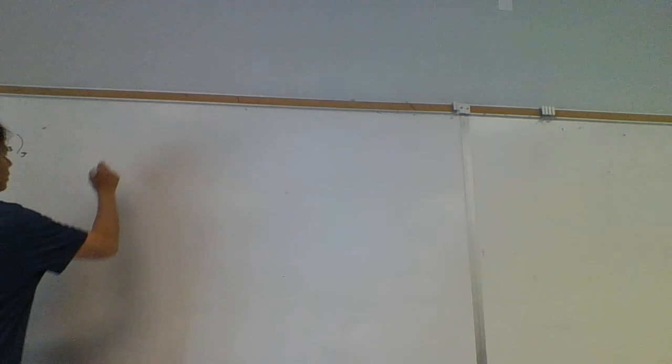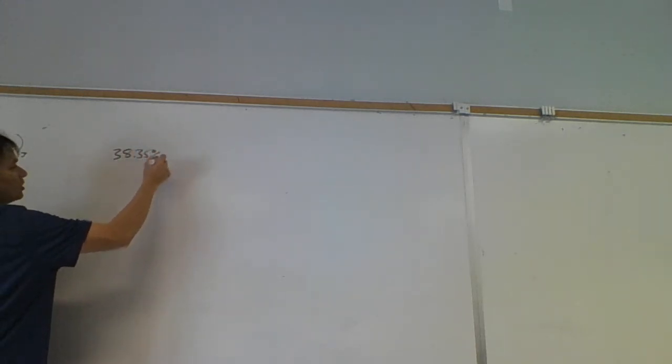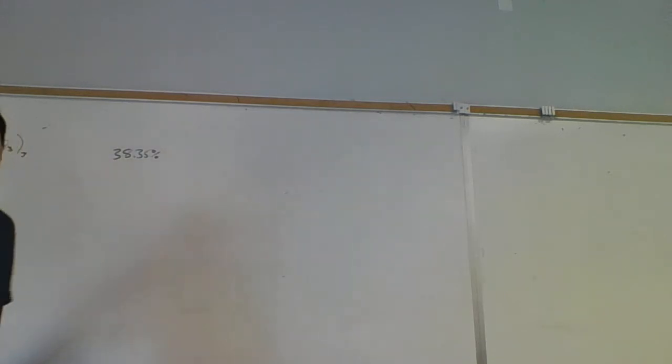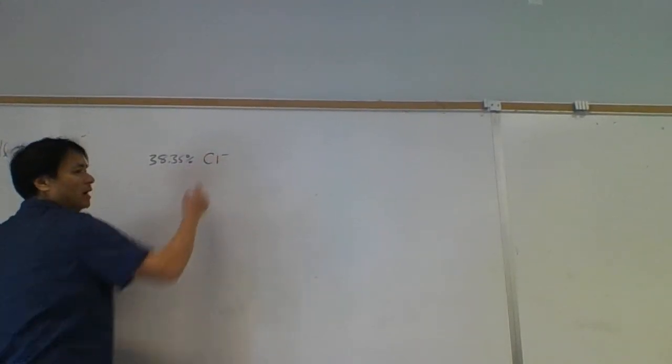ClO3 minus is, yeah, chlorate. Right? It has a -1 charge, so we'll need 3 of them. Aluminum chlorate is 38.35% chloride. Hey, what's the formula for chloride? Cl 1 minus.